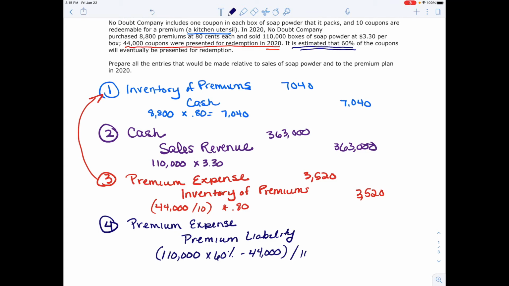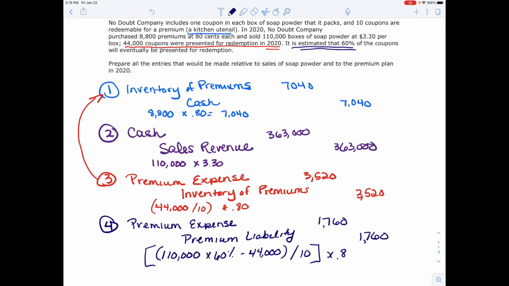Take all that, divide by 10, because again it takes 10 coupons to get this premium. And then we're going to take all of this and times that by that 0.8 to get the cost of this, which is $17.60. So that walks you through those journal entries.